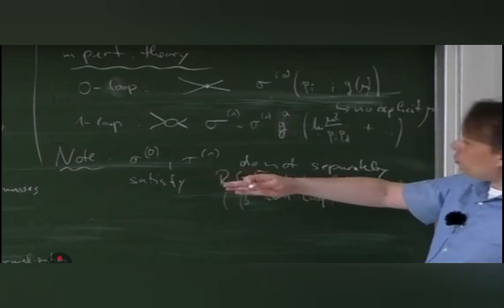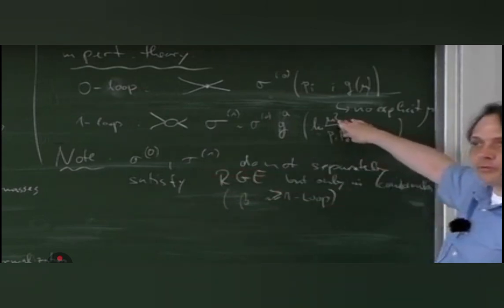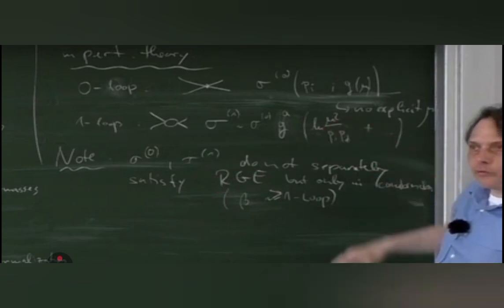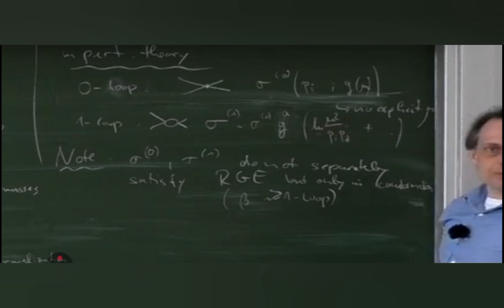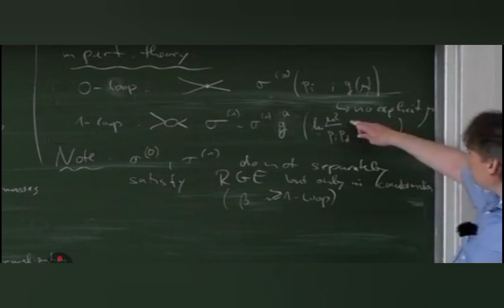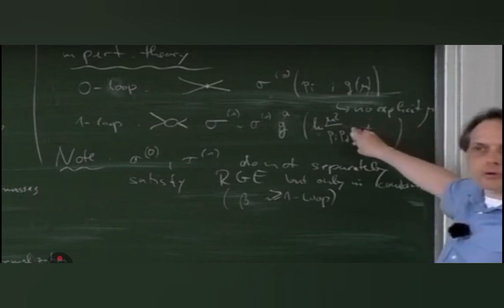We as theorists have in our control the value of mu. We had this already in some exercise. What could be a preferable choice for mu? We would like to optimize our perturbation theory, and perturbation theory is probably better behaved if this logarithm is as small as possible, as opposed to the opposite.